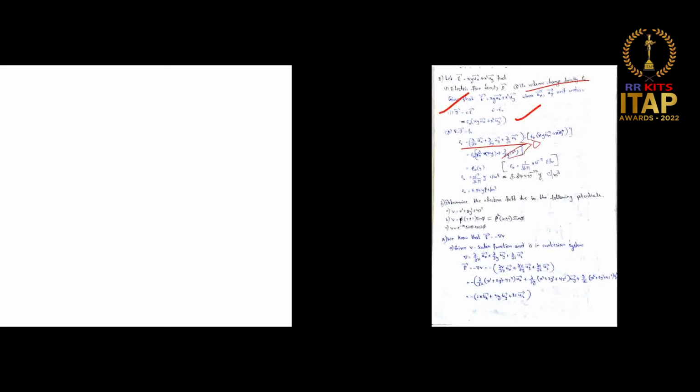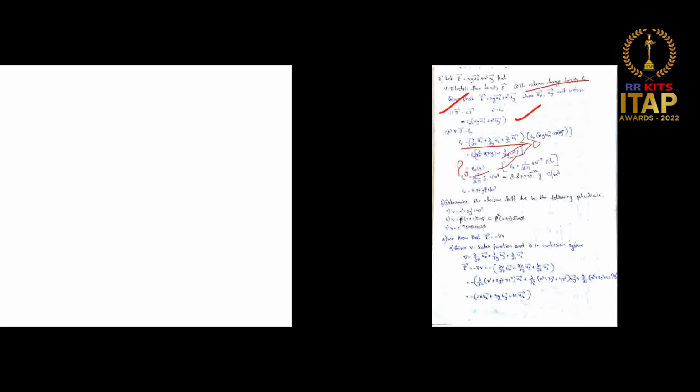By substituting this epsilon naught here, 1 by 36 pi into 10 to the power of minus 9 comes out to be 8.84 into 10 to the power of minus 12, and simply you have the term y. So this is rho v, epsilon naught into y. So we'll get back 8.84 into 10 to the power of minus 12 into y coulomb per meter cube, right?